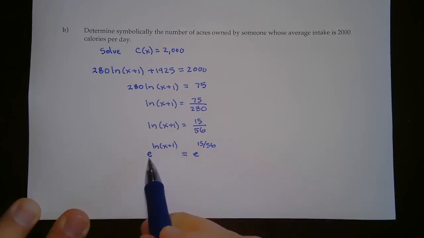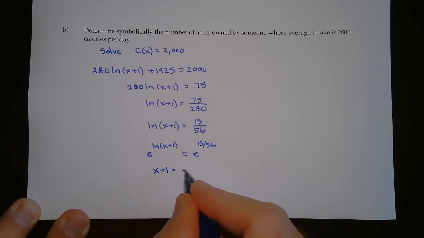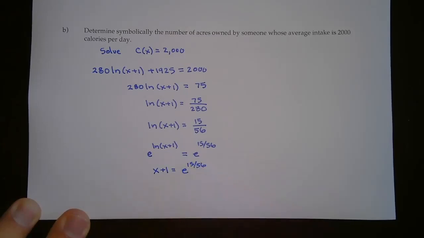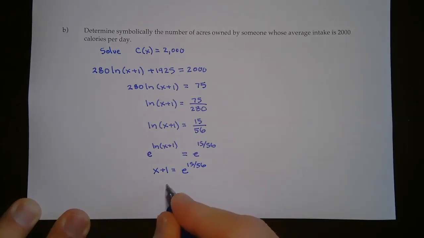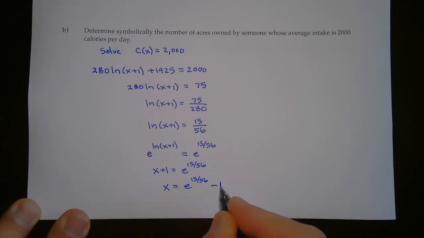And e raised to the natural log, those undo each other. So you're going to be left with x plus 1 is equal to e to the 15 over 56. And then we're going to subtract 1 from both sides. And that would result in x being equivalent to e to the 15 over 56 minus 1.